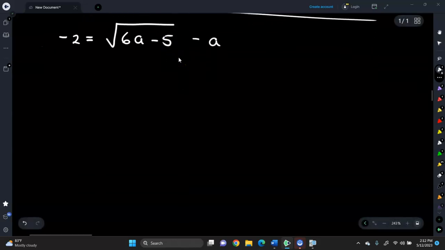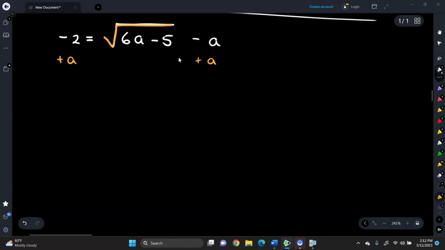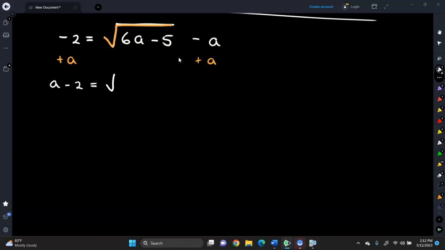Here we see that we do not have the square root isolated. It needs to be by itself. So we're going to add a to both sides of the equation. Over here I'm going to get a minus 2, and over here we have the square root of 6a minus 5.